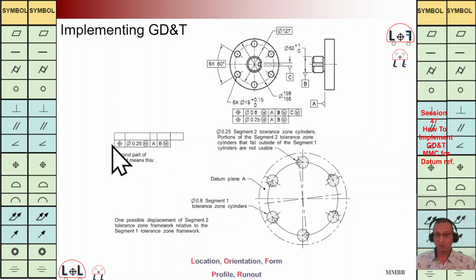And at the bottom, we are going to take care of A and B. It should be perpendicular to A and B. Whenever we are going to have maximum material for B, the gauge should have a hole with a diameter of 51, and we have this possibility to shift and rotate this component in that situation. In a way, the axis of this hole should be in both of these two cylinders.